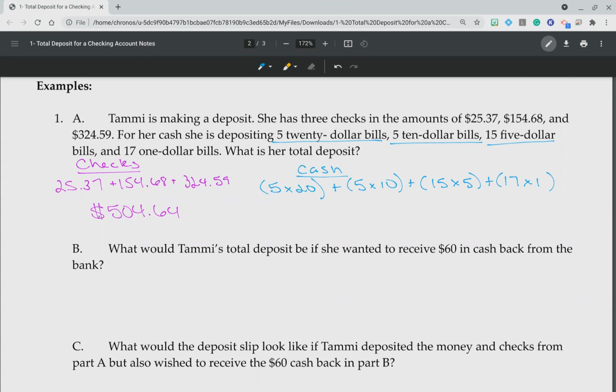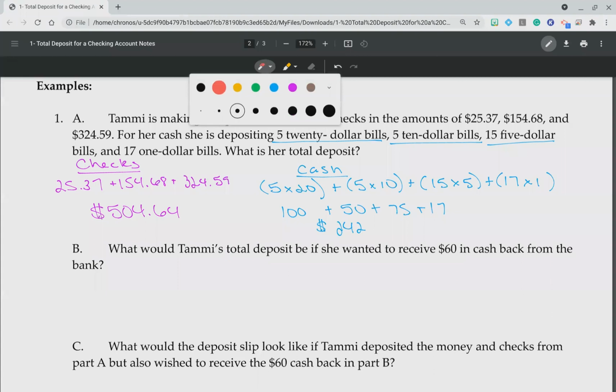So 5 times 20 is 100, plus 5 times 10 is 50, plus 15 times 5 is 75, and then 17 times 1 is 17. So add all that together: 100 plus 50 plus 75 plus 17. Tammy has $242 in cash.